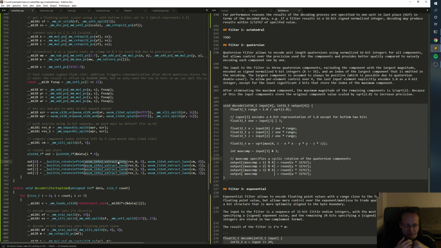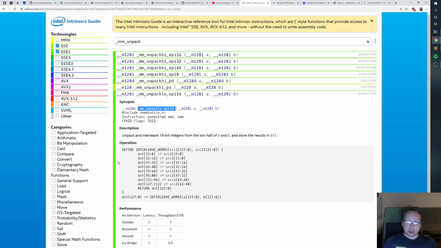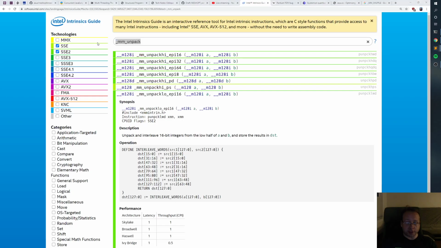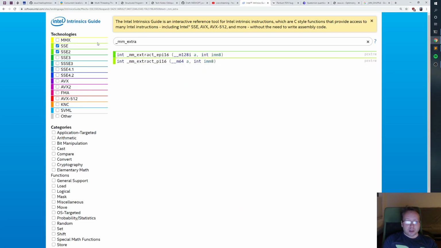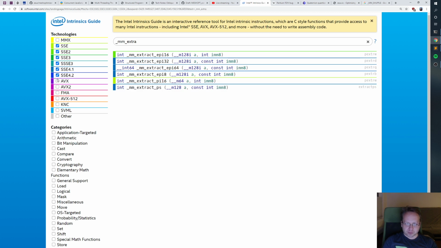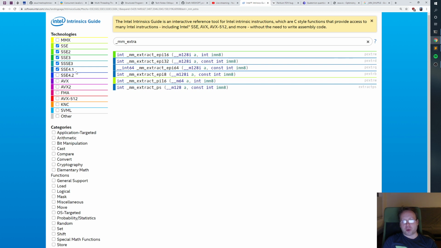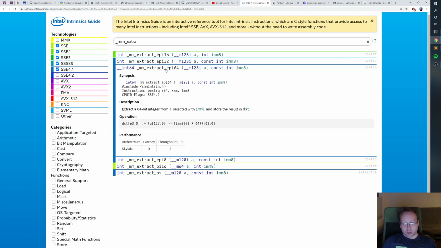It's also not super slow, but it's not clear if this is the optimal way to do this. The second problem is that to do this we need to extract the 64-bit components out of the SIMD vector. And there's not a good way to do this up until who knows when. SSE 4.1 is the one where you can do this easily.